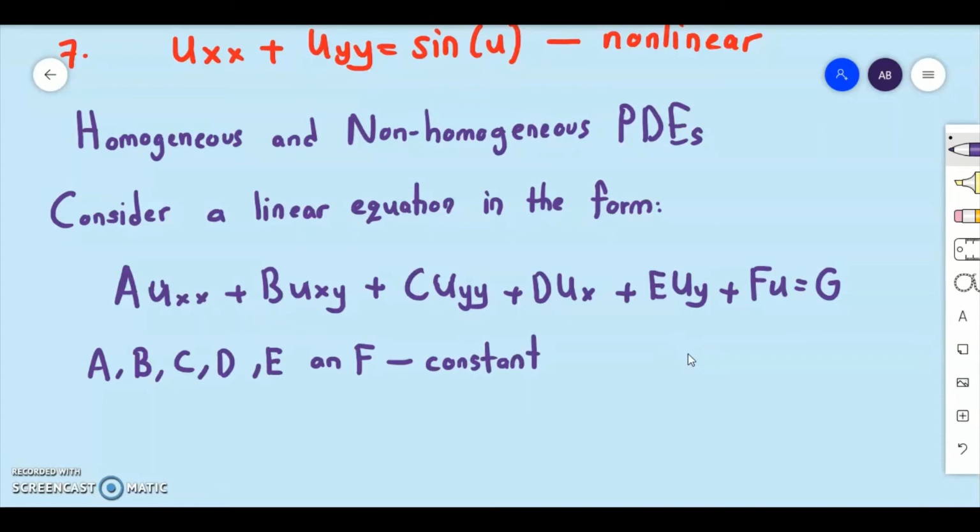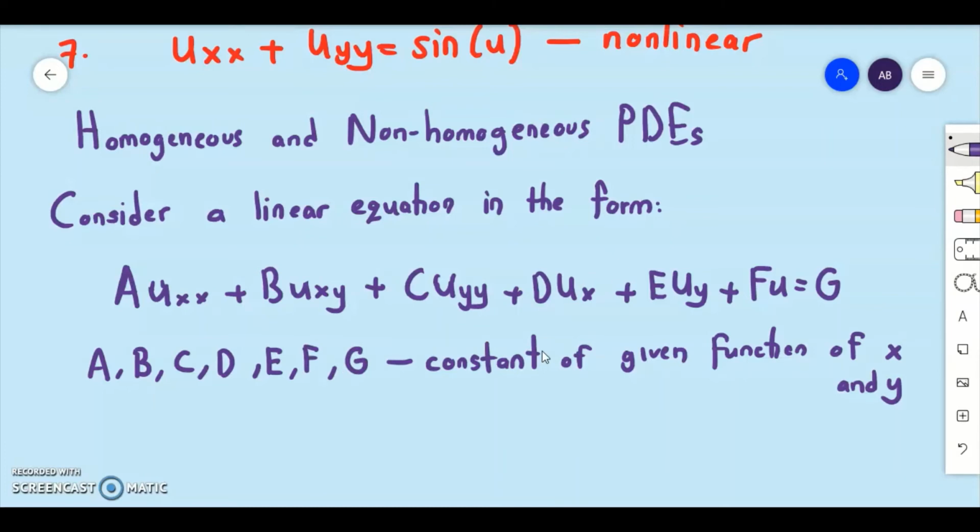Now G is a constant or a given function of x and y. Okay, and I missed out my G here, so it should be E, F, and G. Okay, all these are constants or given functions of x.